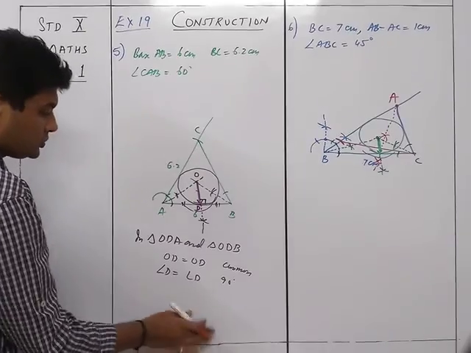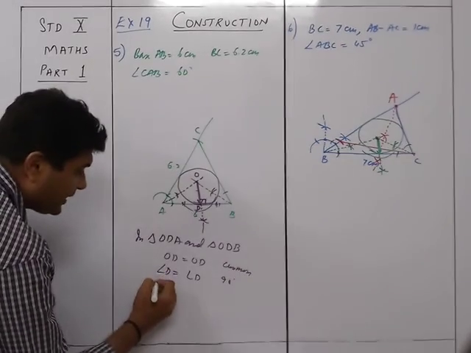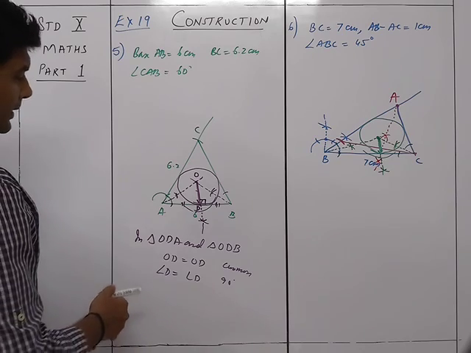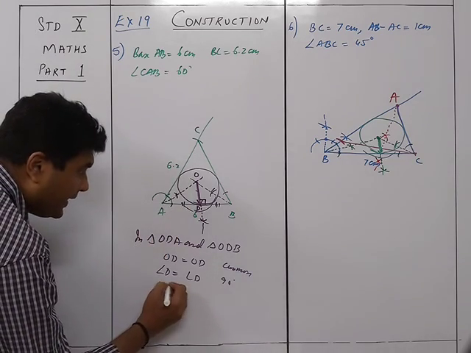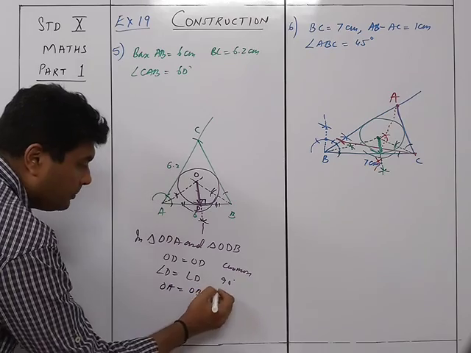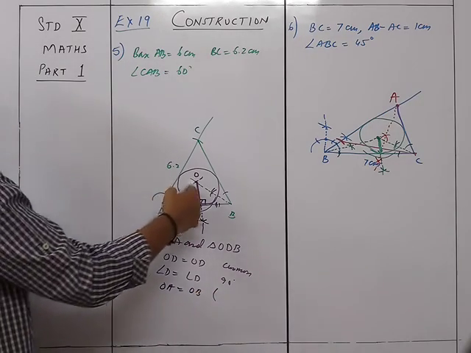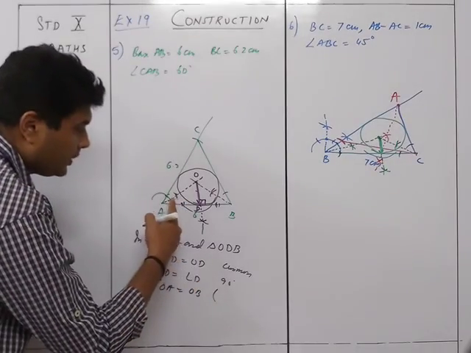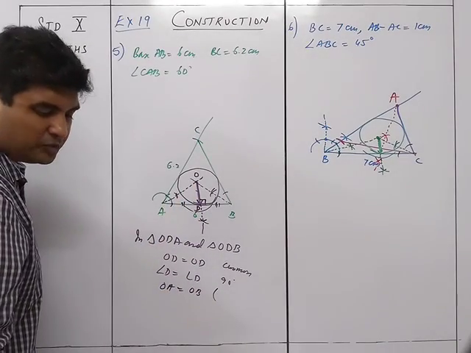So next, OA is equal to OB, because their perpendicular distance is the same. Anyway, such proofs are not going to come.